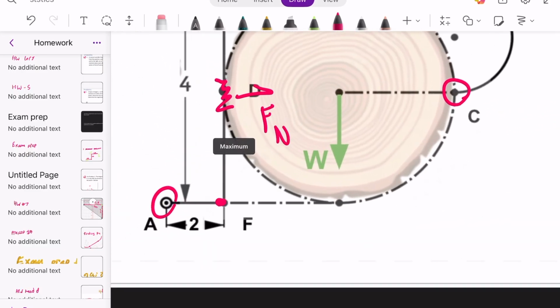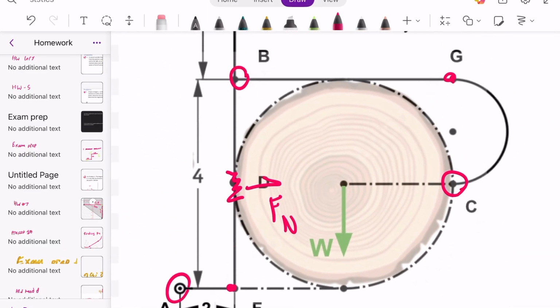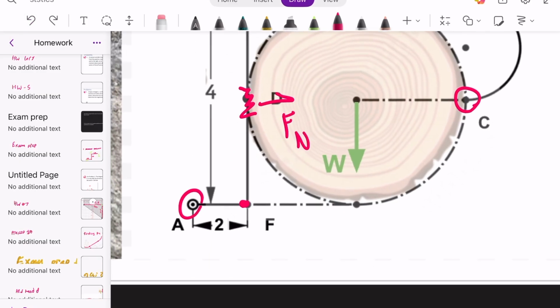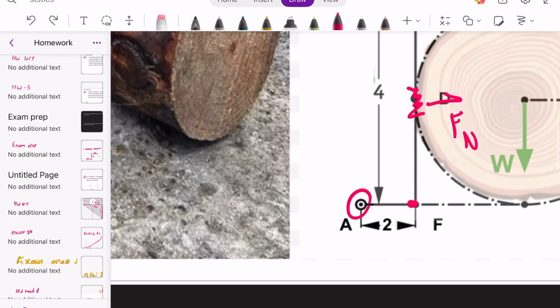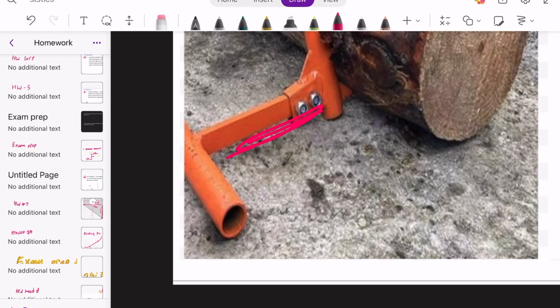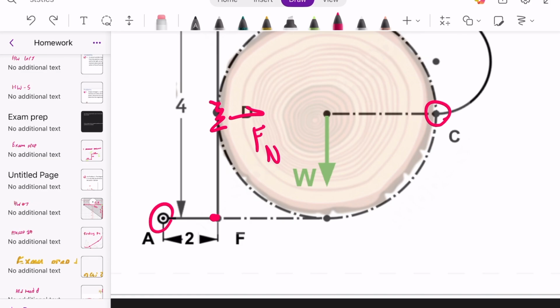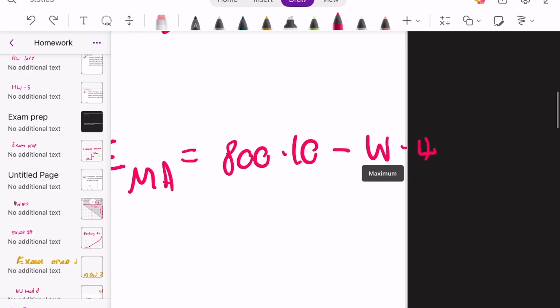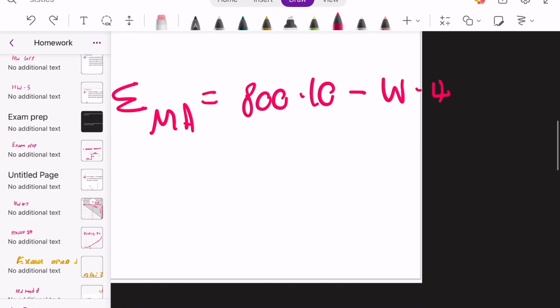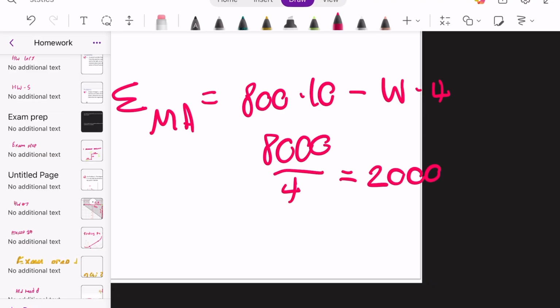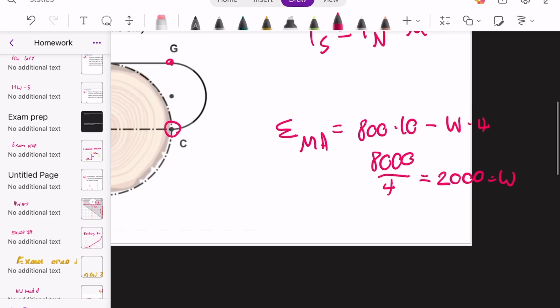It's got a 4 meter perpendicular distance, because if we look at this circle here, we can see that the diameter is 4, so we're going to add 2 for this little beam there, and then another 2 for this distance here, which is just the radius of the log, which is 2 again, so 4. And that's going to be 8,000 over 4, which equals 2,000, so our weight is equal to 2,000.